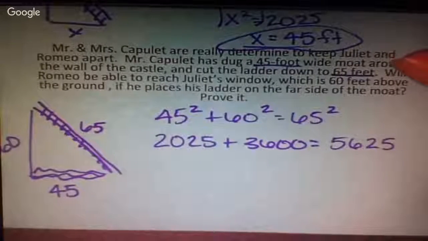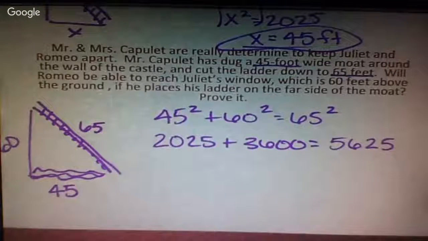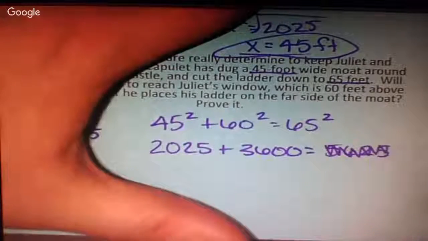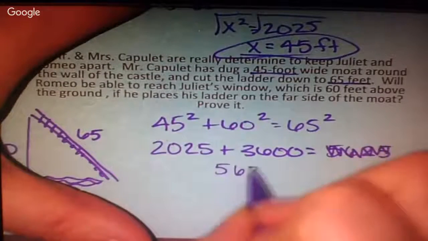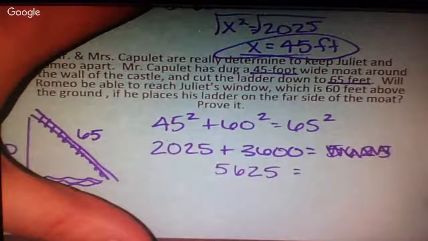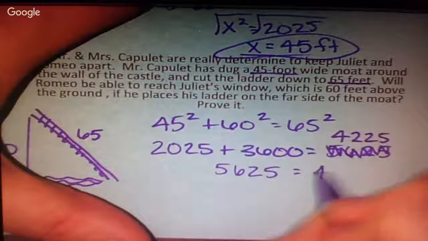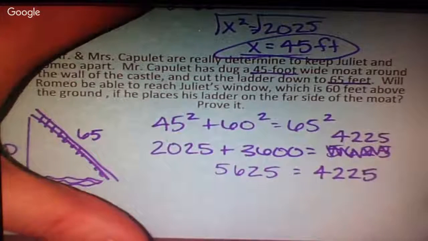Wait a minute. No, that's not what it is. It's 4,225. Oh, you're killing me. It's those two together equal. Oh, okay. I see where you went. So what was the 65 squared then? 4,225. Not the right one we were looking for.